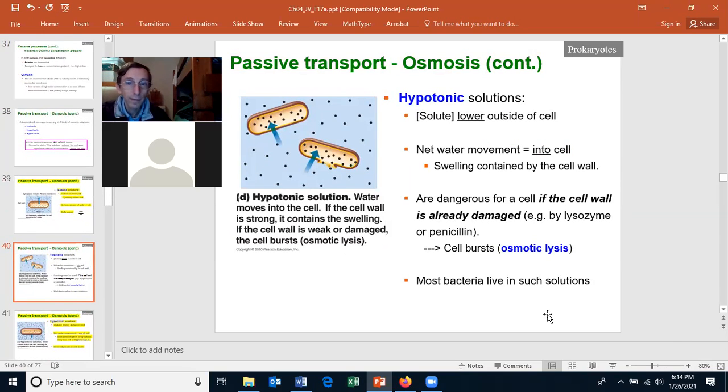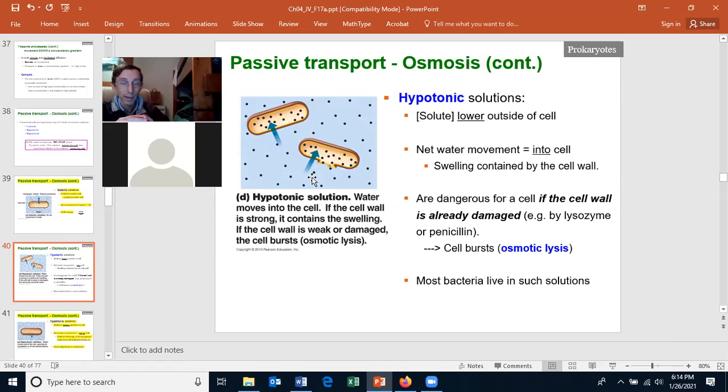Hypotonic solution is when the solute concentration outside the cell is lower than inside the cell. And that means there's a net movement of water into the cell. And that'll cause the cell to swell.